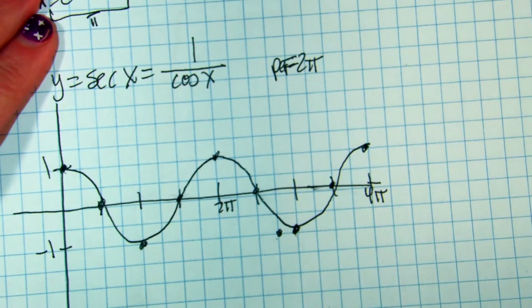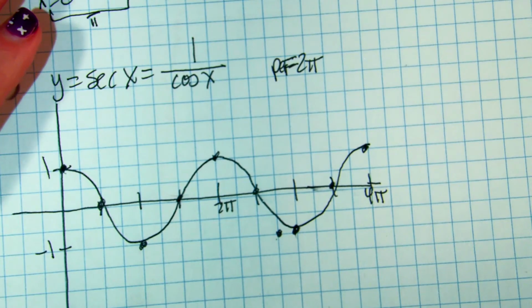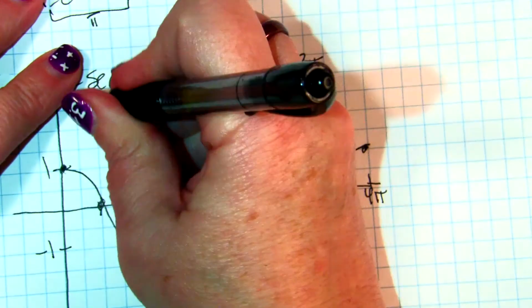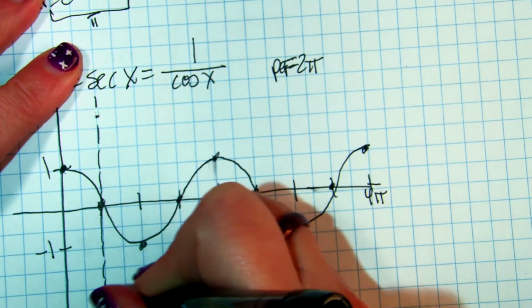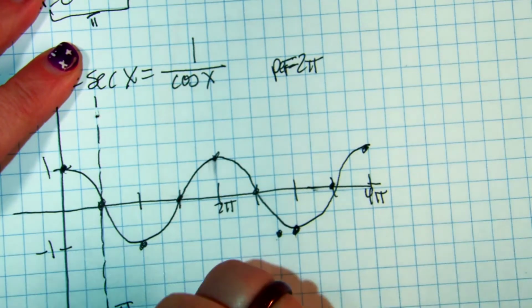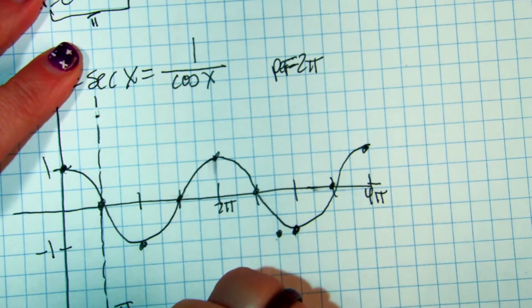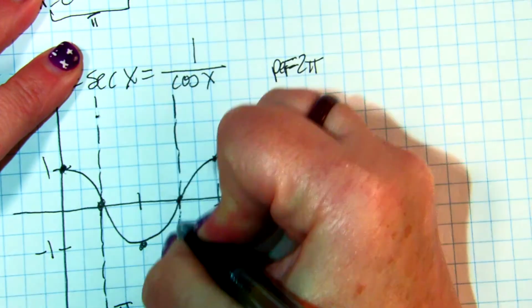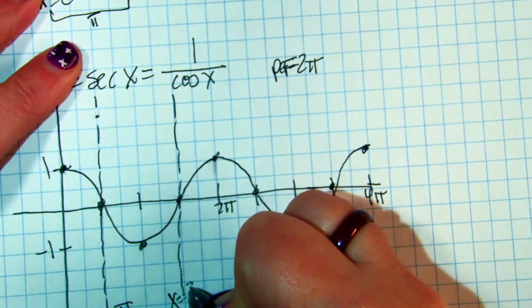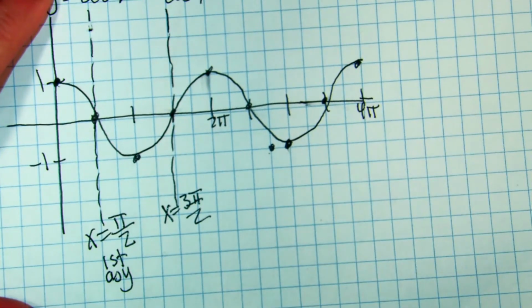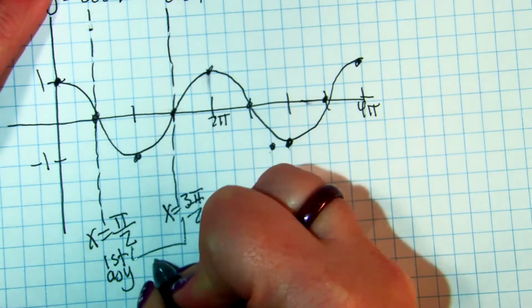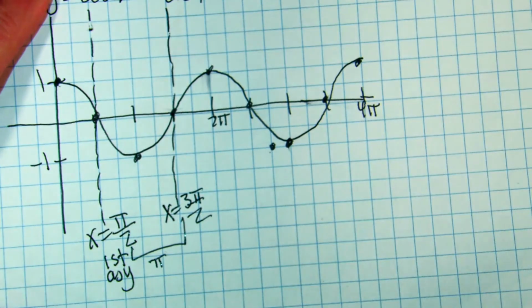There it is, y equals cosine x. And then where's the asymptote? Here's the first 0. The asymptotes are where x equals 0. So pi over 2 is the first asymptote. The next one is at 3 pi over 2. That's the next asymptote. And the distance between the asymptotes is pi, half the period.